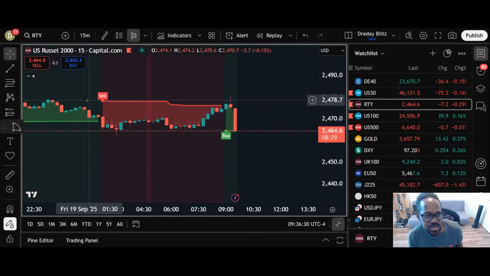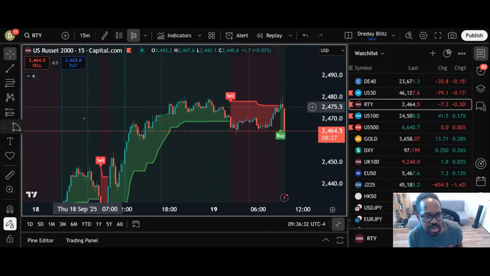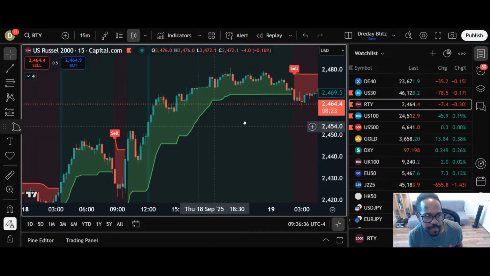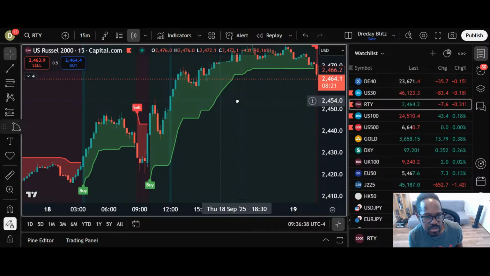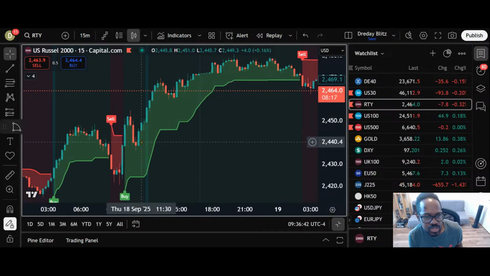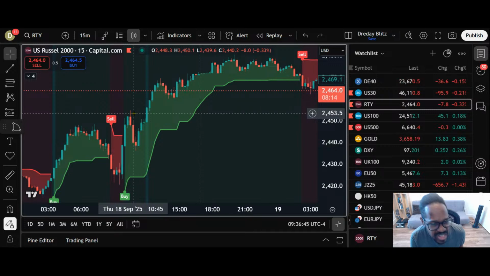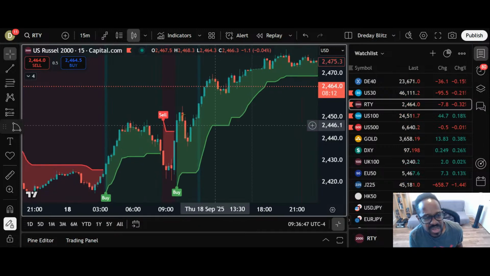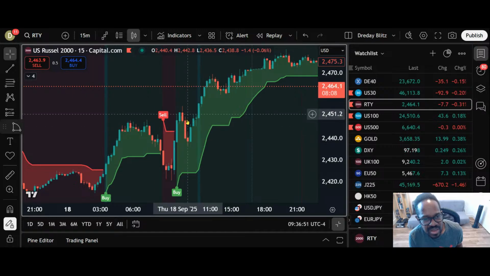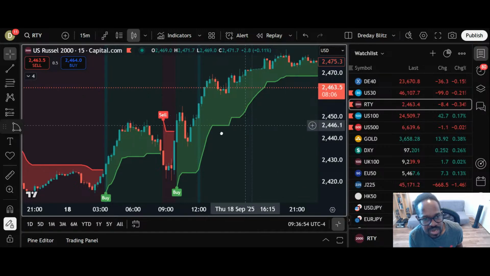When I say institutional liquidity, it's really based off of the actual candle formation and the actual bullishness of that candle. If you remember yesterday, we did have a buy on Russell. That was on Thursday, and we did have a continuation here in the upside.